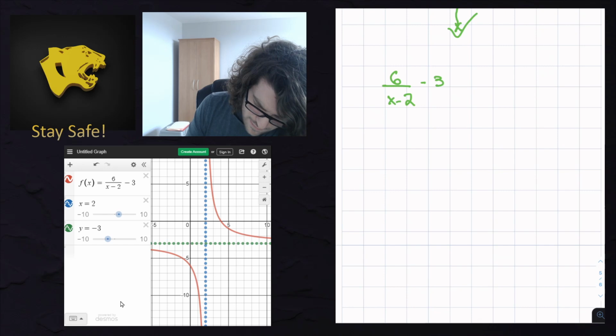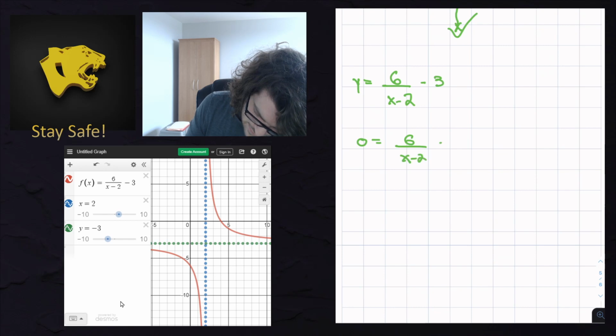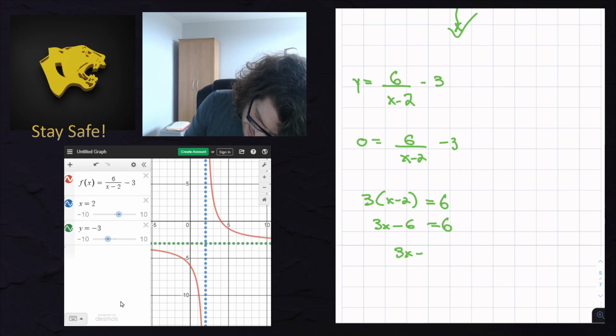And so if that's what we have, let's set our y equal to 0 and see what happens. So I'll move my 3 over to the other side, and I'll multiply my x minus 2 up. So I get 3x minus 6 is equal to 6. So 3x is equal to 12, which means x is equal to 4.